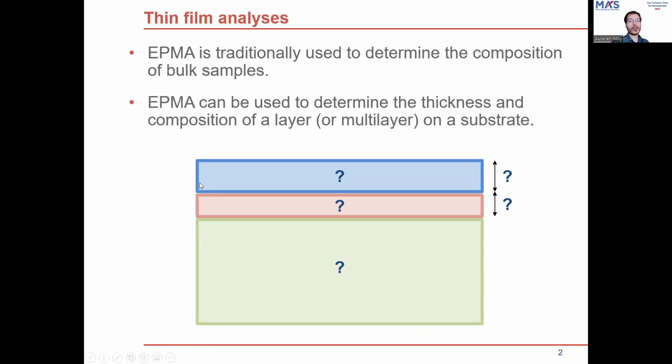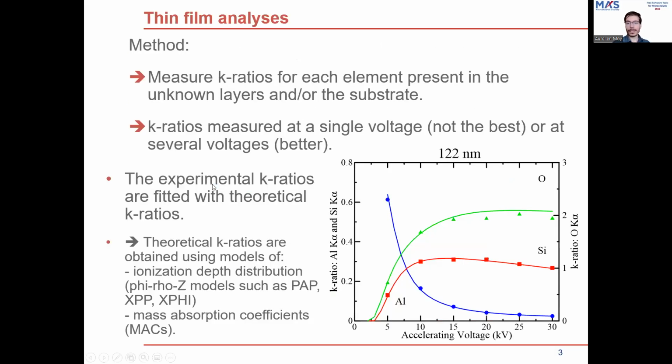Electron probe microanalysis is usually used to quantify the composition of bulk samples, but we can also use the technique to determine the composition and the thickness of layers on top of a substrate. The method to do that is to measure K ratios for the elements in the unknown layers or in the substrate.